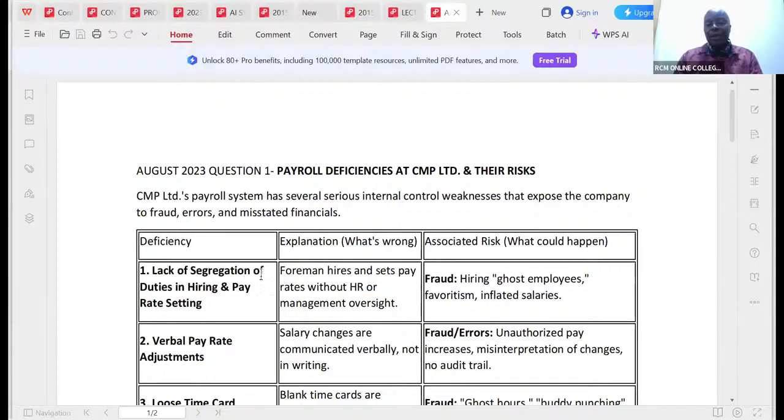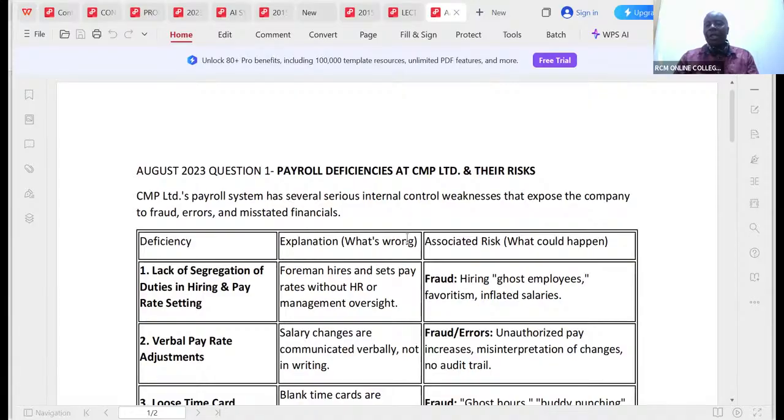We are told here the deficiency: lack of segregation of duties in hiring and pay rate setting. So the person who is hiring is the same person who is setting the rates and doing many other things.